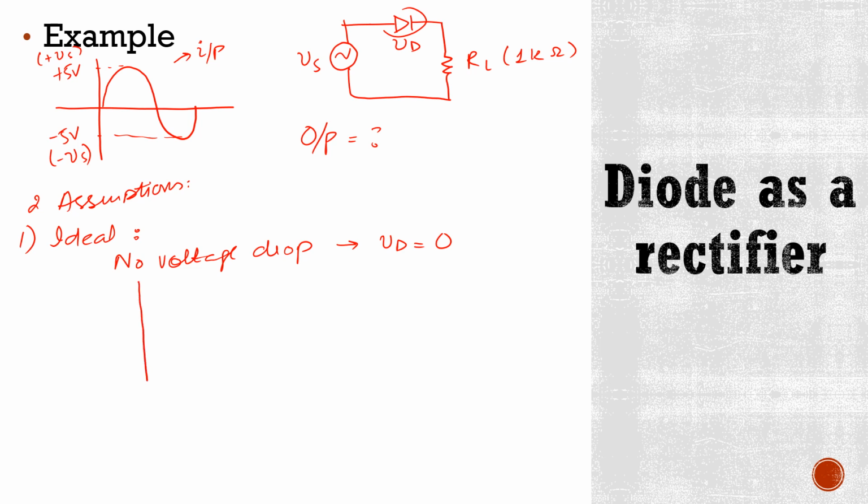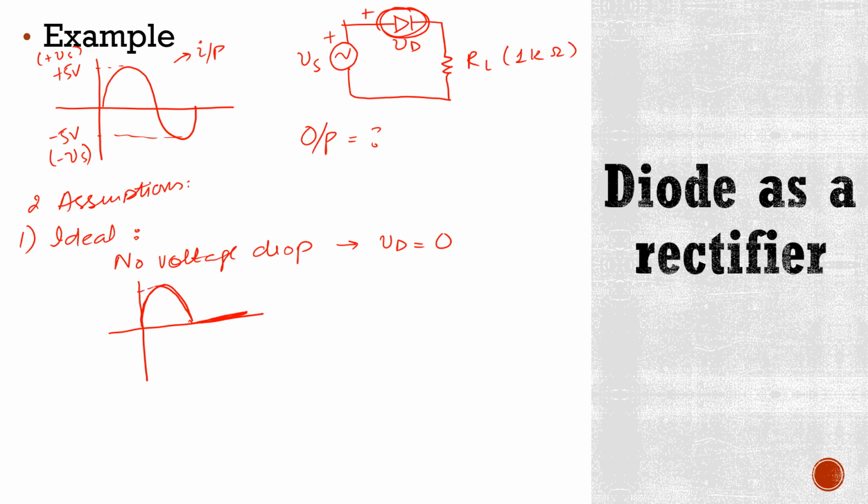We know that if this is the direction of the diode, it means if the positive terminal of the diode is connected to the positive terminal of the battery, then the output waveform of the half-wave rectifier is like this. It means the diode is on during the positive half cycle and it is off during the negative half cycle.